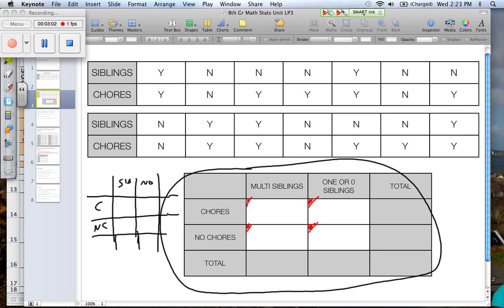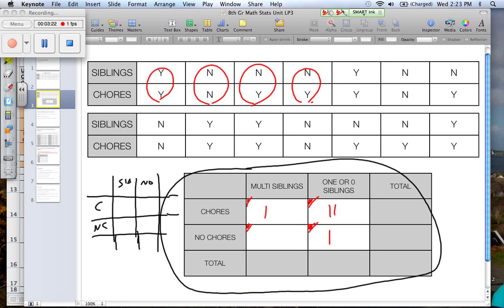Okay? We look at our data table and simply count the frequency of each event. So the first person, they have multiple siblings and chores, they go right there. Next person is no and no, so they go there. 1 sibling or 0 siblings, but they do have chores, so they go up there, and so on.